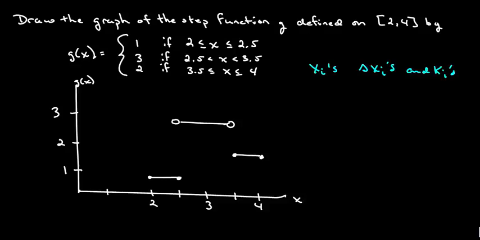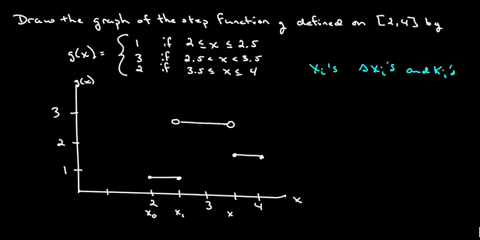They're saying that the xi's are the endpoints of the interval. So the first xi, start at 0. This guy is x0. This guy is x1.